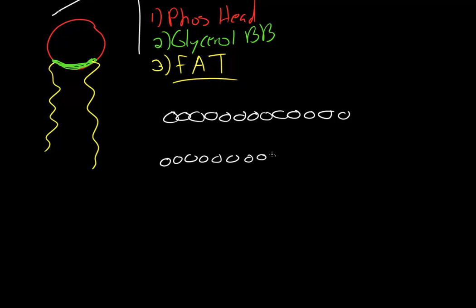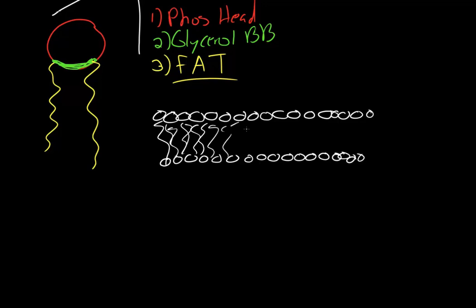So this membrane, the whole point is to keep things in the cell that are supposed to be in the cell and keep things out of the cell that are supposed to be out of the cell, as well as regulate different things that go along with different cellular processes. So it's very important. Without it, we would probably puff up and die or something like that. So there's a reason it's there, and it's one of the basics of biology.